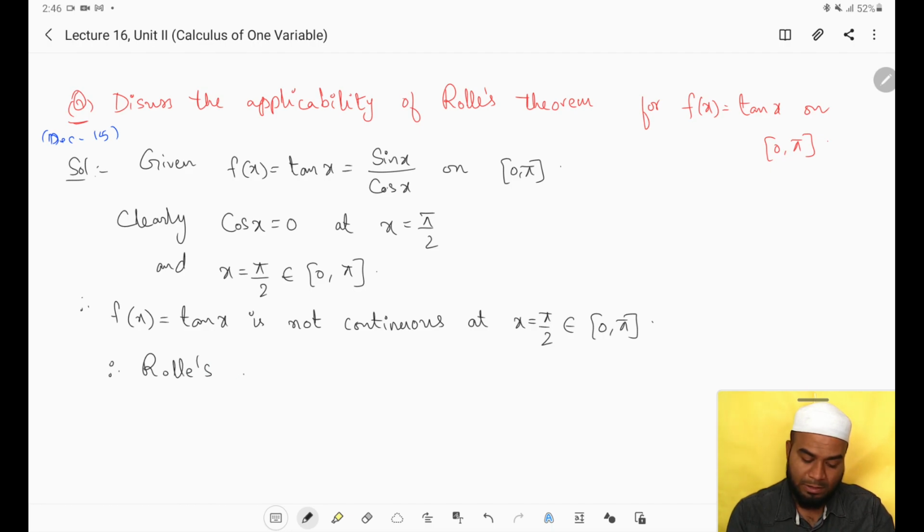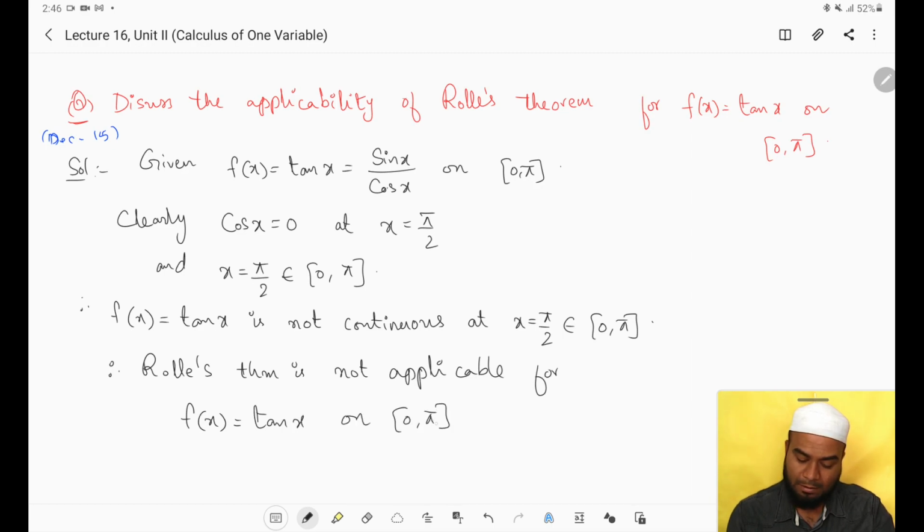Therefore, Rolle's theorem is not applicable for f of x equals tan x on the closed interval 0 comma pi, right? Hope you are following this.